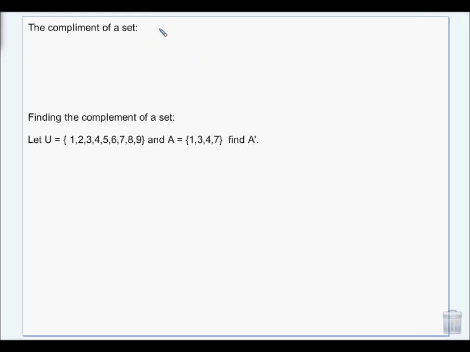Okay, the complement of a set. So if we have set A, the complement would be A prime. So A with a little apostrophe after it. Okay, and that's all elements in the universal set.